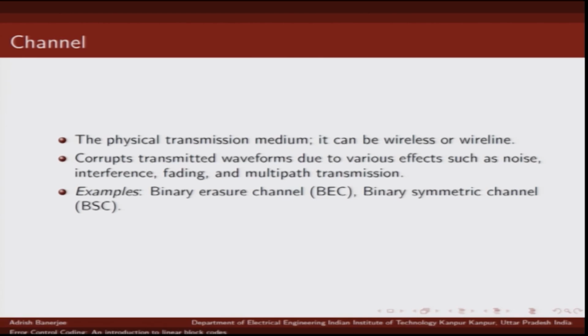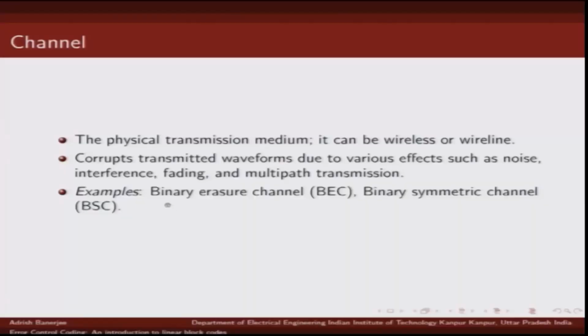That is an example of fading, or shadowing. Then there is multipath transmission: when you have reflections from multiple buildings, if you send just one signal, you get multiple copies with varying attenuation and delay spread. So, essentially the channel corrupts the signal that we are transmitting, and it results in errors.